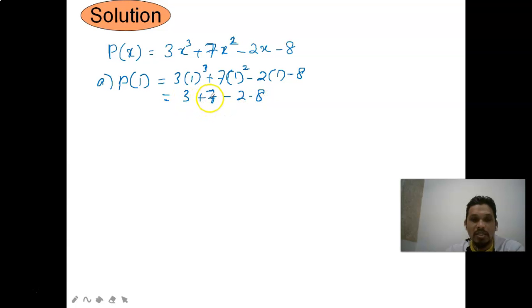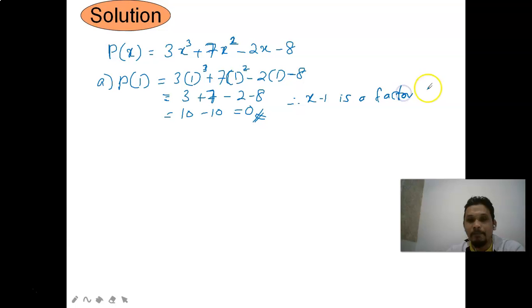So 3 plus 7 equals 10, and negative 2 minus 8 gives you negative 10. So 10 minus 10 equals 0. So we come to the conclusion that x minus 1 is a factor of the polynomial P(x), as given.